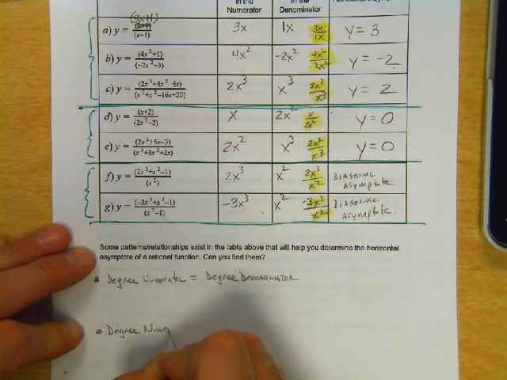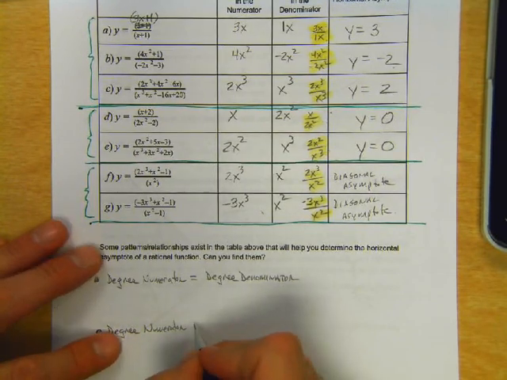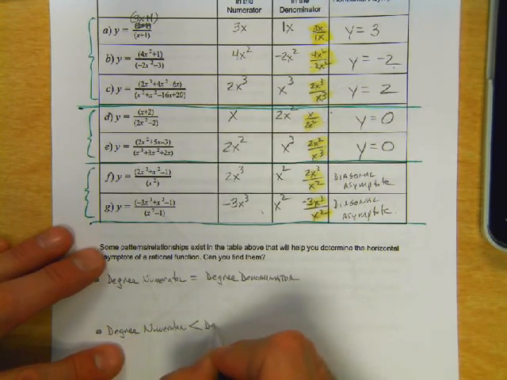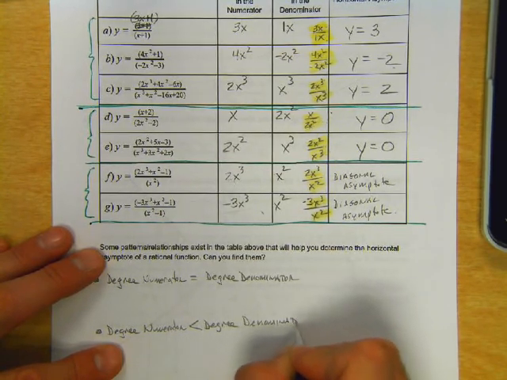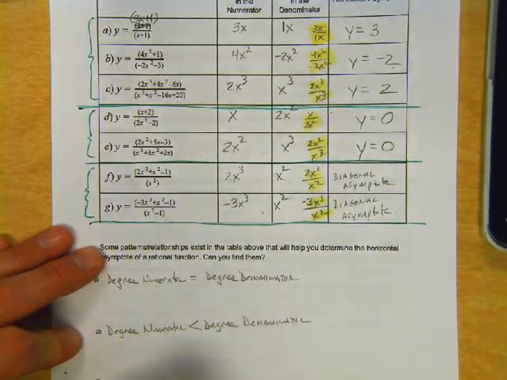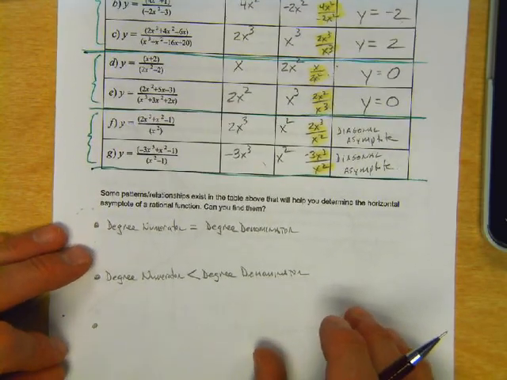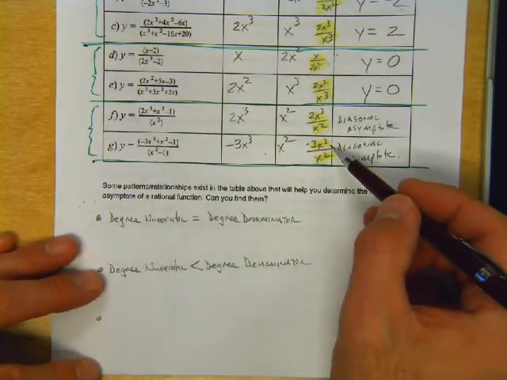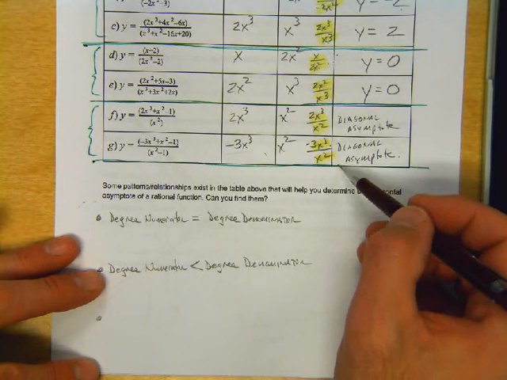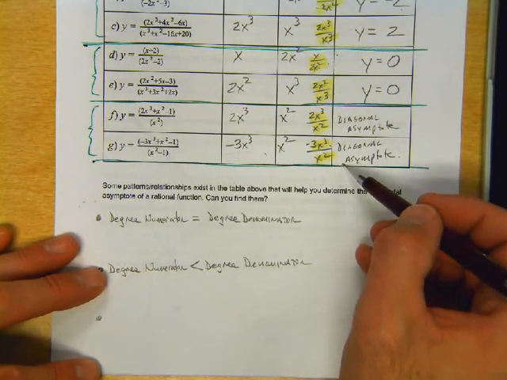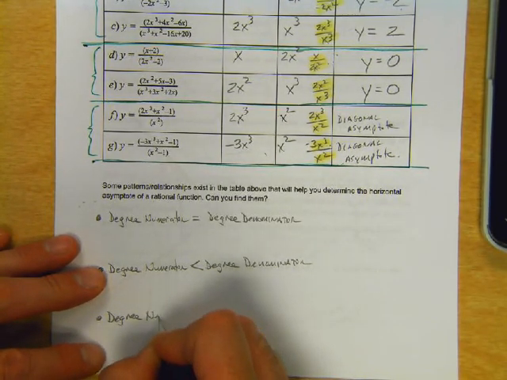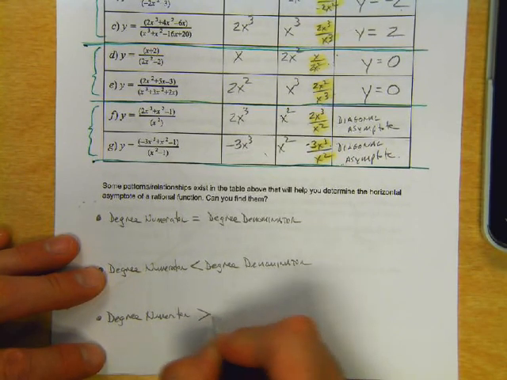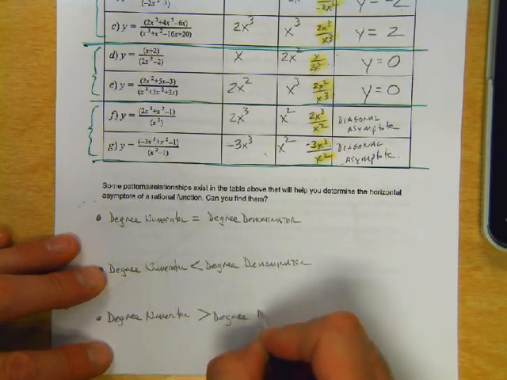Yeah, exactly. The degree in the numerator is smaller than the degree in the denominator. How about the very last 2 cases? Yeah, the degree of the numerator is bigger than the degree of the denominator.